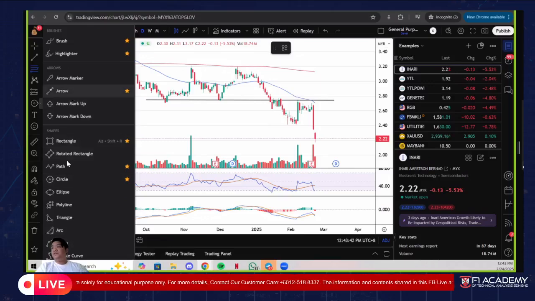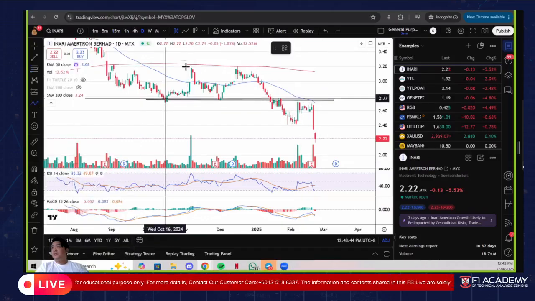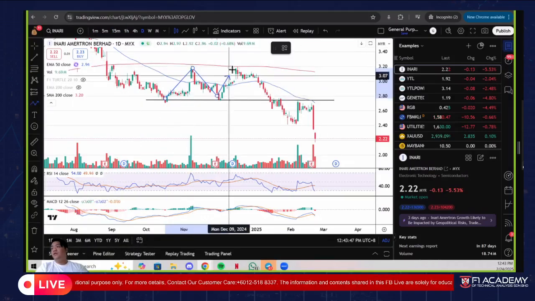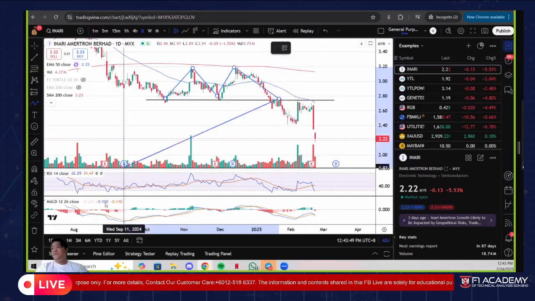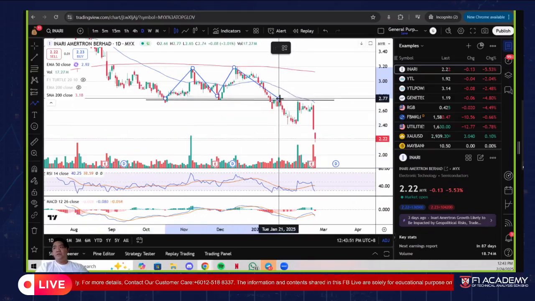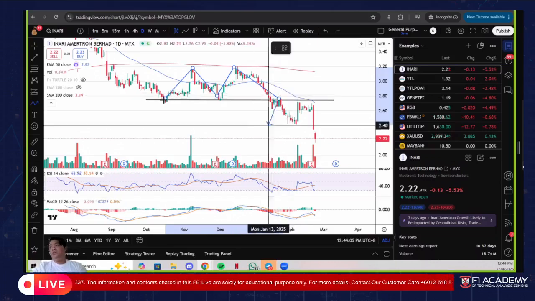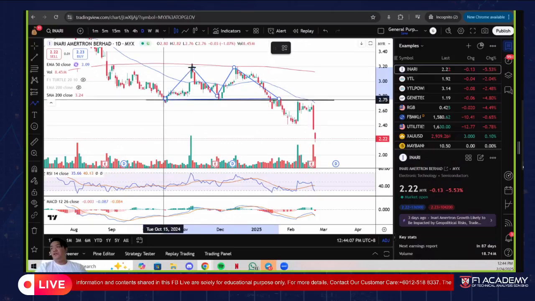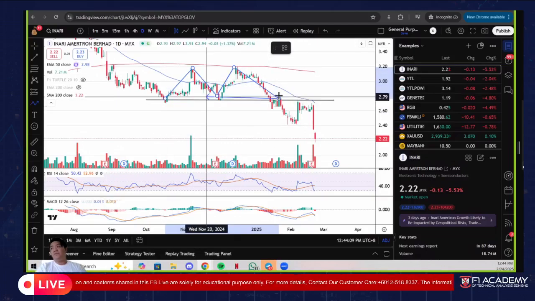Okay, so this is what we call a double top. A double top usually signifies a reversal of trend. In this case, it shows that Inario is unable to break above the SMA 200 and reversed back in a bearish direction. You can see that once they have the whole line here, the M is formed.